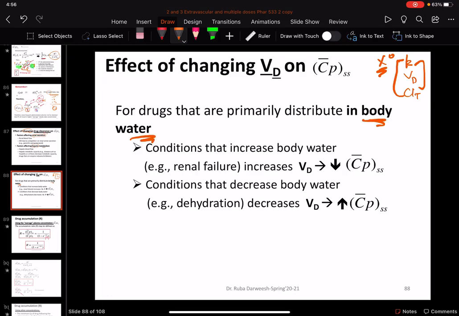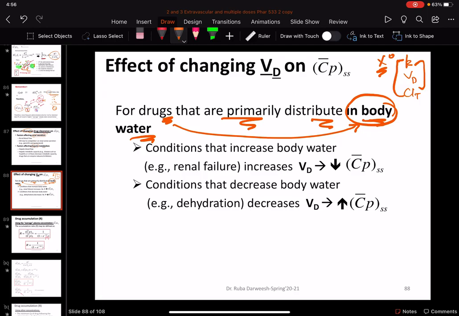So if the body water compartment is changing, especially for a drug that is going through those aqueous compartments, then the increase or decrease in the body water or fluid would affect the overall volume of distribution. And again, why I'm saying that primarily for the drug distributing in those compartments, we will see this in the distribution of the drugs, if it's hydrophilic or lipophilic, and we know the distribution would be different.